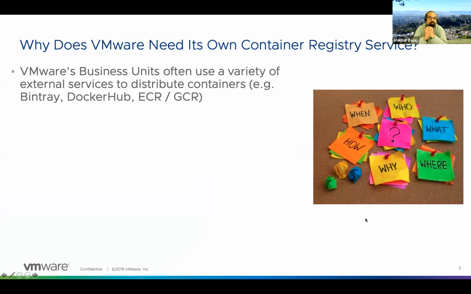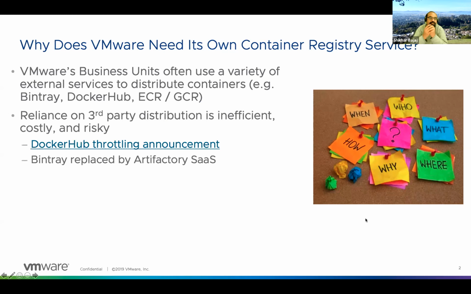They use either Bintray from JFrog, Docker Hub, or a registry from your favorite public cloud provider, ECR, GCR, and so forth. So the universe of how containers are distributed at VMware is very distributed.